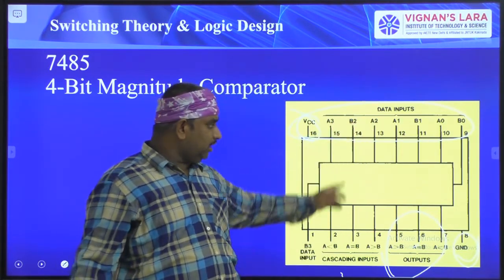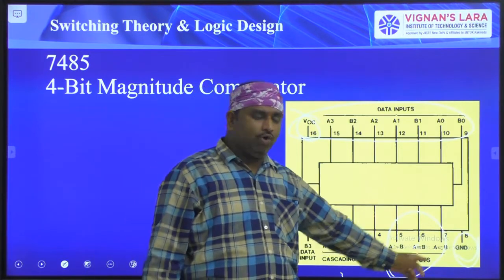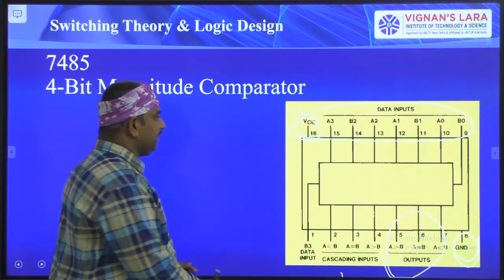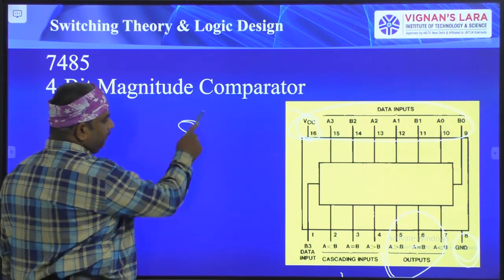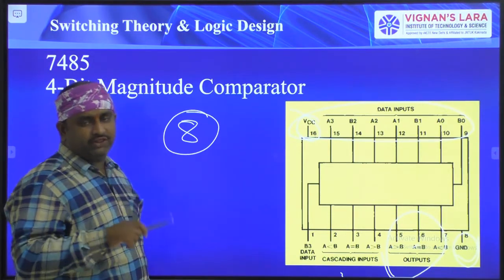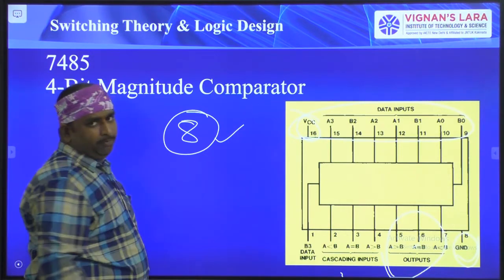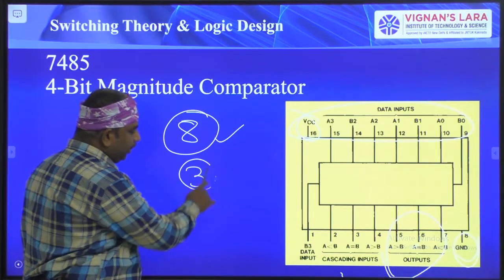After this, these are the comparison outputs. Totally here we have these pins. 8 pins are the present inputs, A3, A2, A1, A0, B3, B2, B1, B0. Those are the 8 input pins. With this we have 3 more input pins.